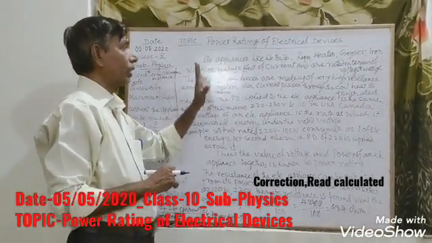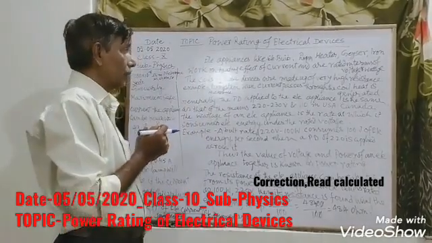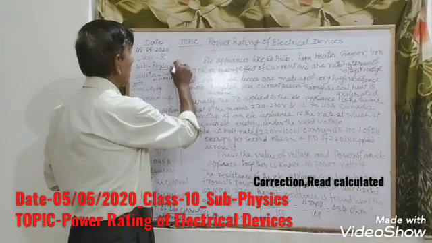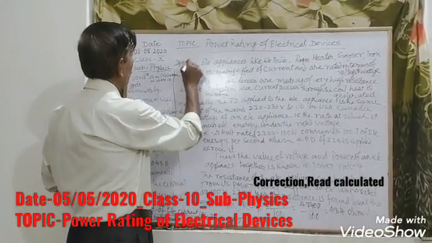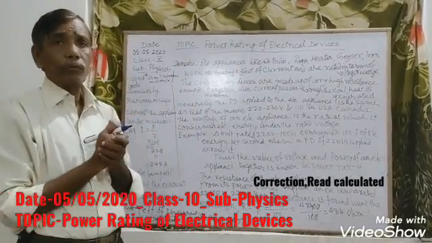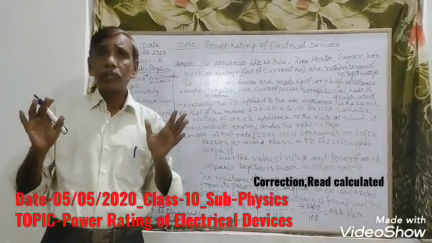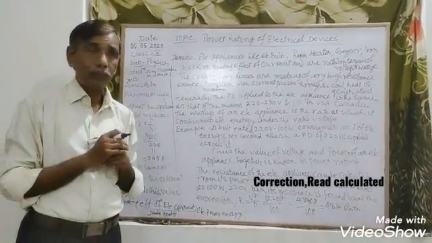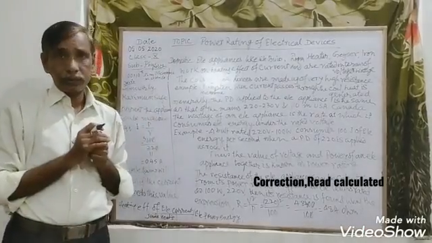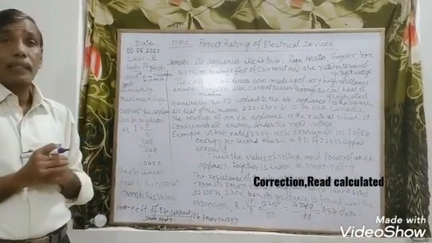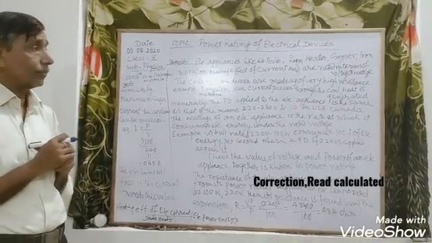Electrical devices or appliances, generally the domestic electrical appliances, whatever we use in our houses: electric bulb, electric toaster, room heater, geyser, electric iron.